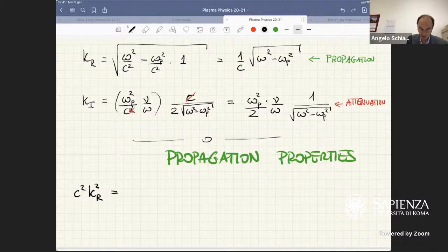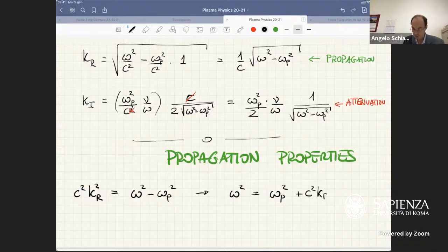So we get omega squared minus omega p squared, and we can rearrange it in the usual way, having omega of the wave on the left hand side, and then this becomes omega p squared plus c squared kr squared. Okay, this is the dispersion relation for electromagnetic waves in plasma.